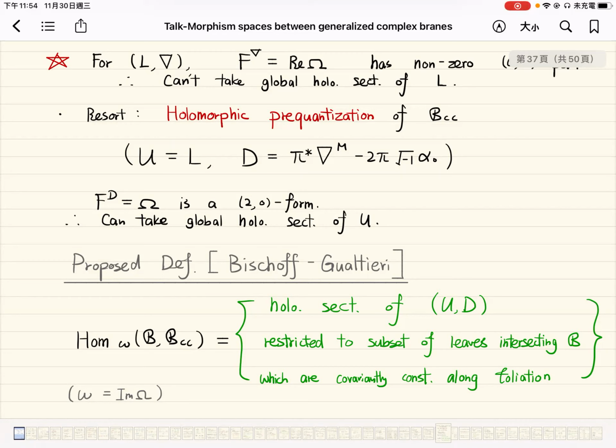Then we take the polarization and try to find those holomorphic sections, restricted to the subset of leaves intersecting the brane B, which are covariant constant along the polarization.